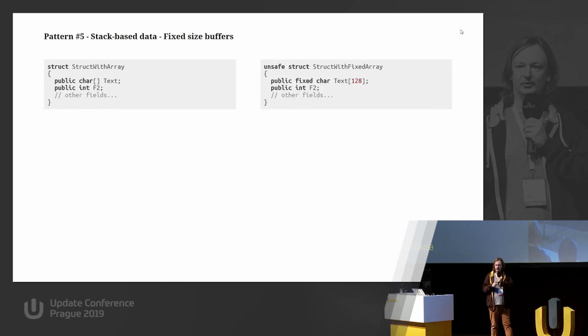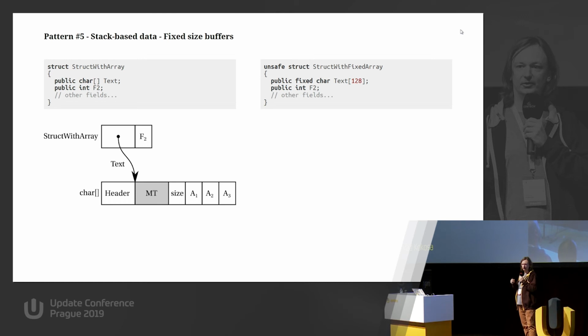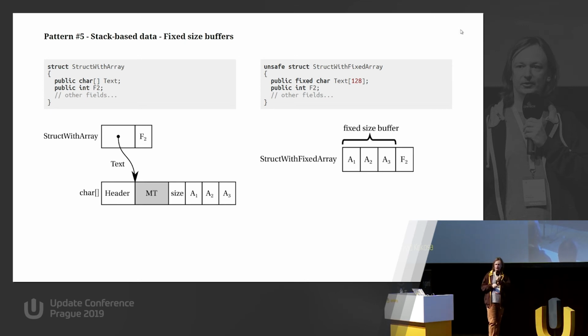There are also fixed size buffers, which is kind of strange because it is inlining the array inside the struct. In the case of a regular struct that contains an array, it is just a reference to an array. So data locality is not so good, because obviously it's only a reference to some array living somewhere else. And in the case of fixed size buffers, you can inline these buffers into structs.